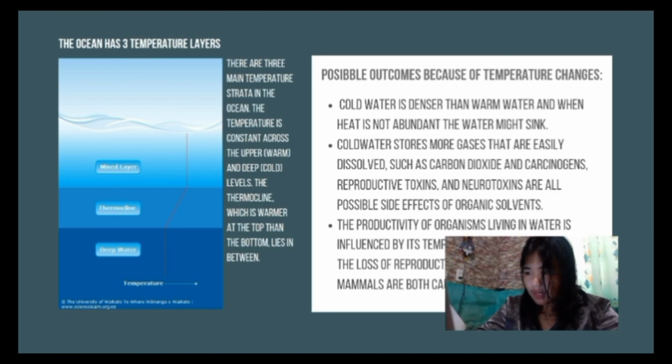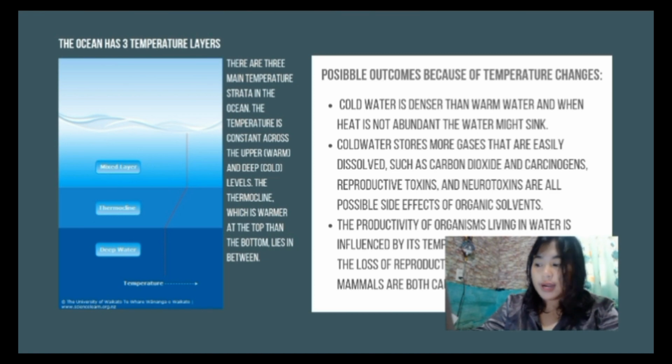And then the thermocline, which is warmer at the top than the bottom, lies between, because the first layer is warmer and the bottom layer is colder. So in the thermocline, the coldness and the warmth are constantly changing, and it's not balanced.